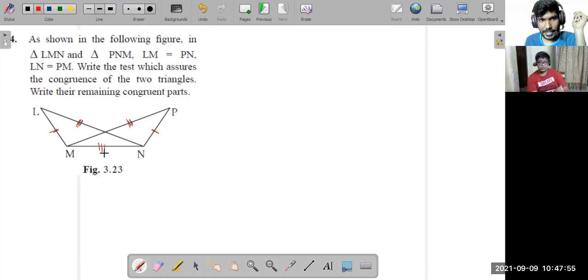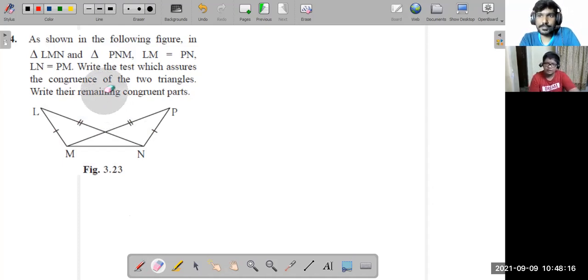And these three lines mean that it is equal to itself. So both the triangles have a common base and all three sides are congruent to each other. Therefore, by the side side side test. Will you be able to write on your own or do you want me to write it? I'll try, sir.